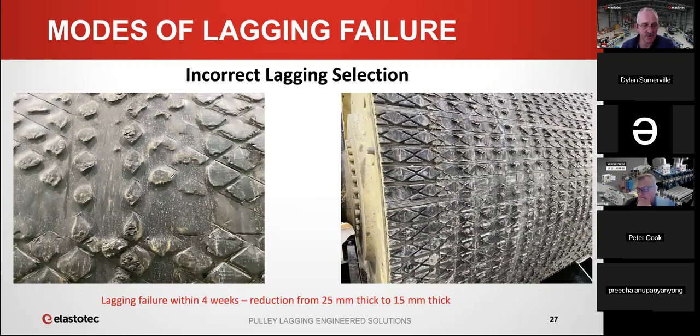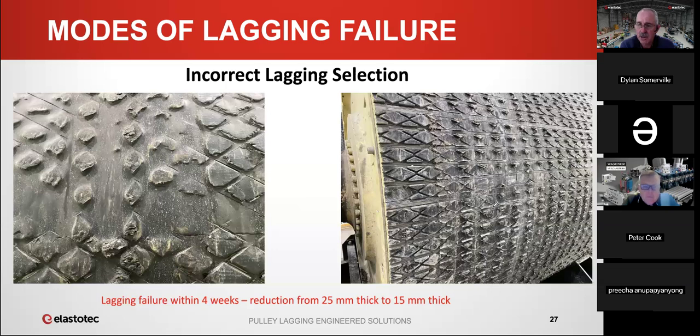These photos are the pulleys that failed on this very high-powered conveyor. You can see here there's two drives, a primary drive on the left, and a secondary drive on the right. This was interesting because each one of these drives had a 2.5 megawatt motor, and the lagging had been running for about 5 months with no problems with an ST5600 belt.